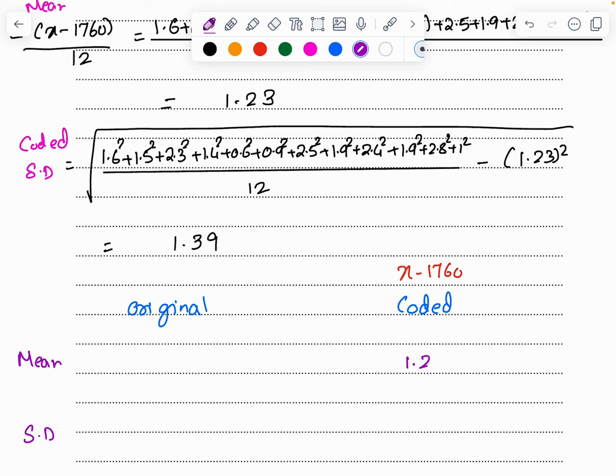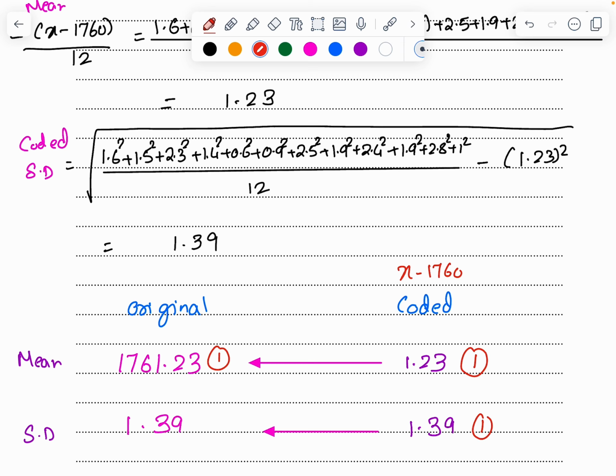Coded mean was 1.23, coded standard deviation was 1.39. Since 1760 was subtracted, for the original we add 1760 to this, so 1761.23. When you are doing addition or subtraction, the standard deviation will not change and will remain 1.39. So that's the answer. You get 1 mark for each of these four parts, so totally it is a 4 marks question.